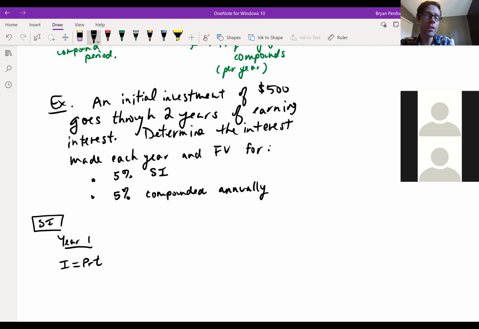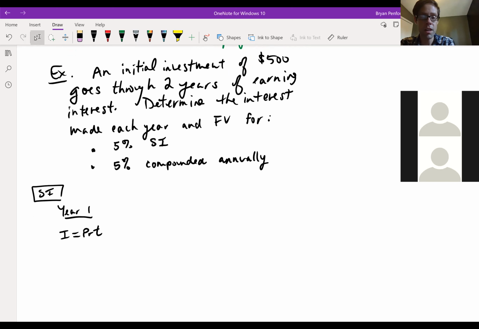So let's start with the simple interest case because we know how to think about simple interest with our I equals PRT formula. We essentially know that if we put $500 in at a rate of 5% for 1 year, we should get, how much is that? $25. We should get $25 in interest during that first year.